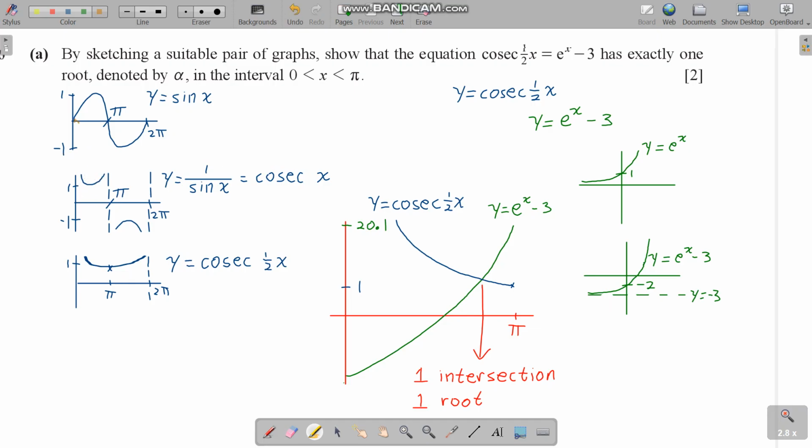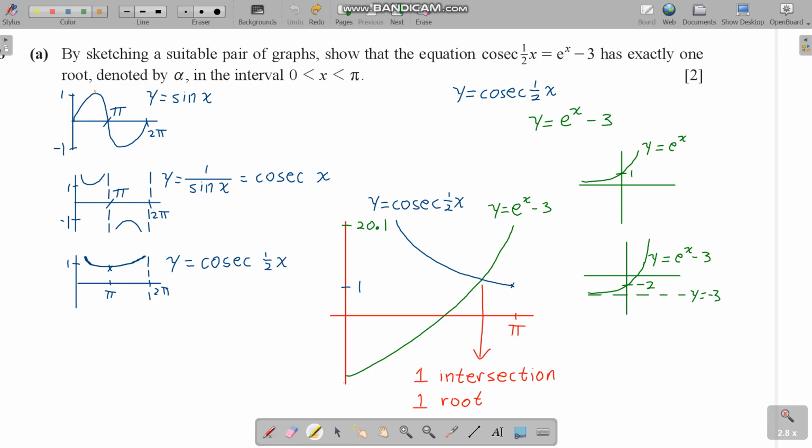So when the y value here is 0, 1 over 0 is undefined or it's infinity, so we have an asymptote basically. So when we draw a reciprocal 1 over this graph, the x-intercept becomes a vertical asymptote. So we have vertical asymptote here, vertical asymptote here, vertical asymptote here.